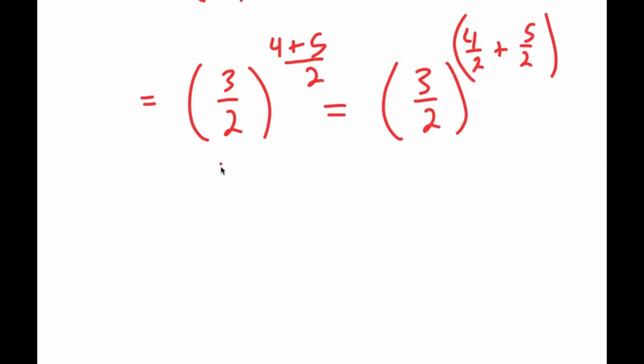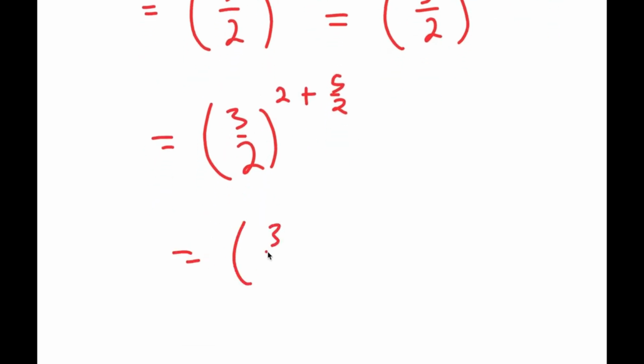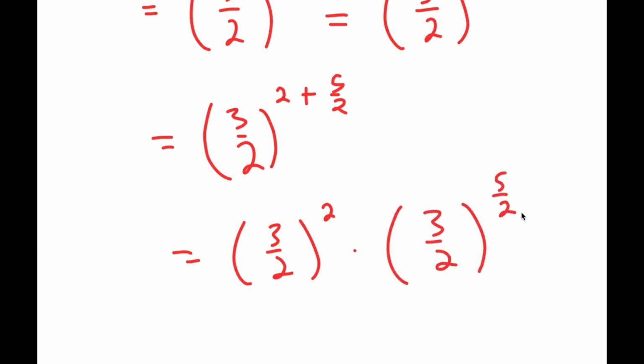Now from here, I get (3/2)^(2 + 5/2), because 4 divided by 2 is 2. So this gives me (3/2)^2 times (3/2)^(5/2).